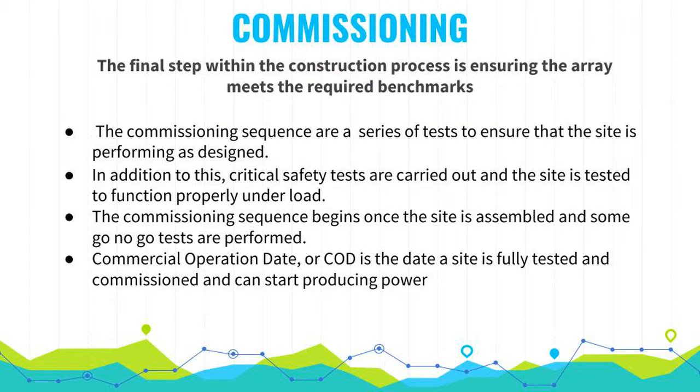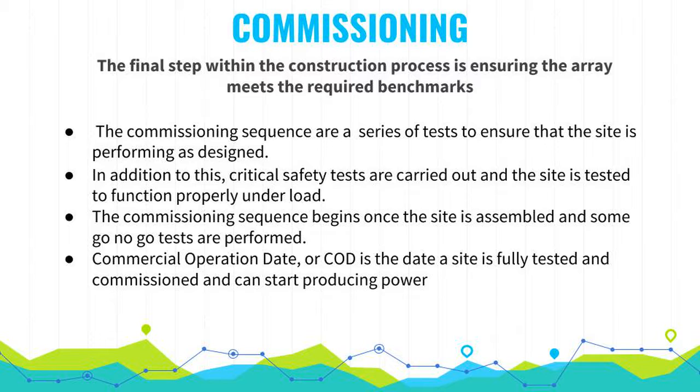Commissioning is the final step within the construction process. It ensures that the array meets the required benchmarks. The commissioning sequence is a series of tests to ensure that the site is performing as designed. In addition to this, critical safety tests are carried out and the site is tested to function properly under load.